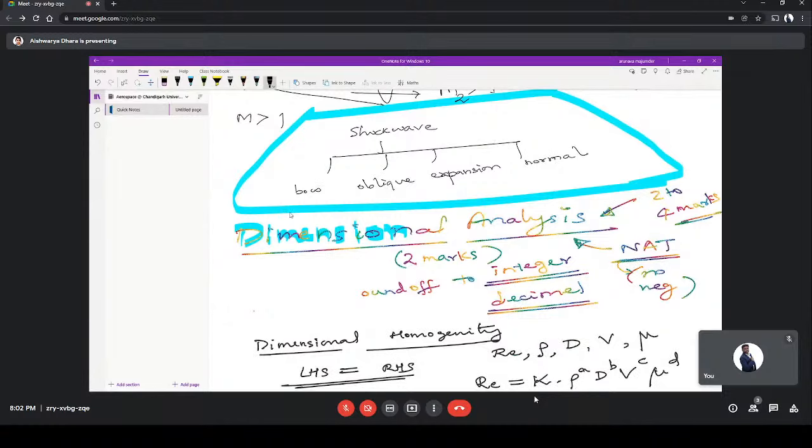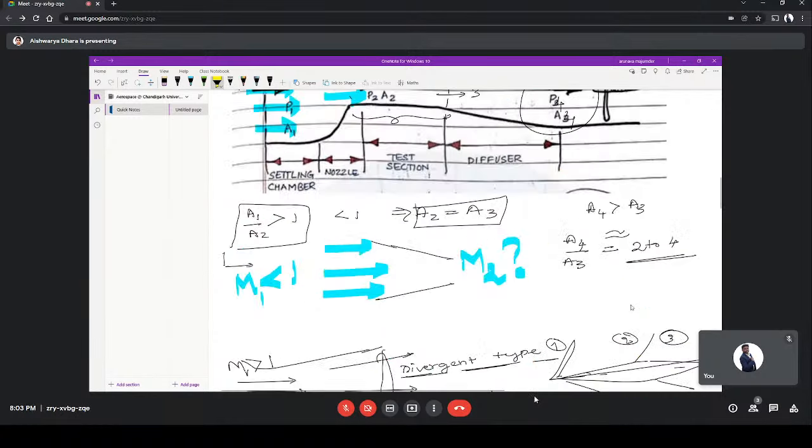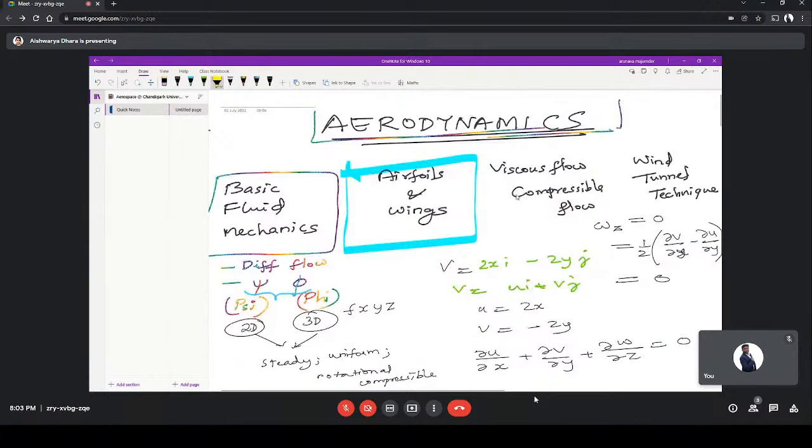You have to understand when the bow shock wave will occur, when the oblique shock wave will occur, when the expansion and the normal. This is another unique topic relevant to propulsion, so we will catch up on this topic when we discuss propulsion. It is again a common topic for propulsion.